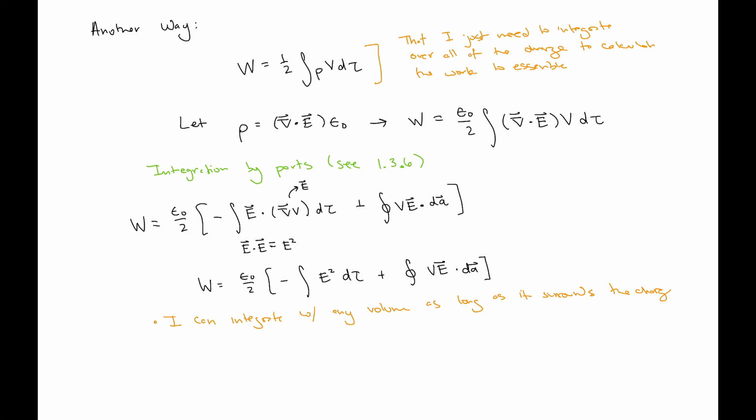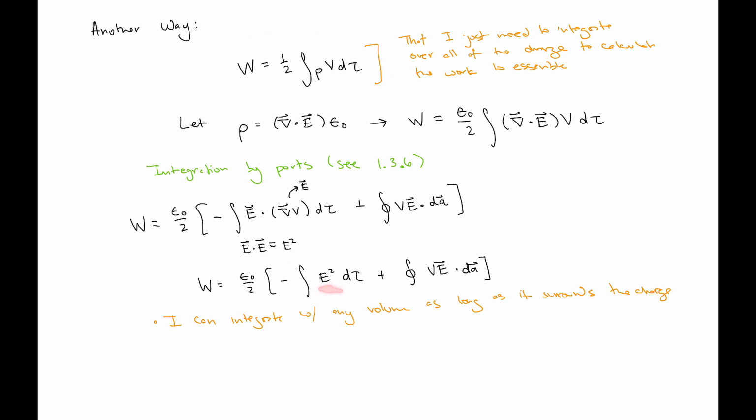If I pick a big volume, this term is going to get bigger, because it's a volume integral. I'm summing up the electric field squared over that entire volume, which makes this term bigger.